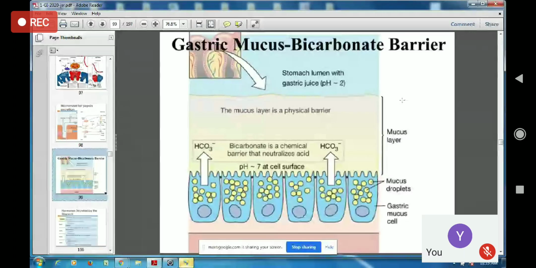There are mucus cells present which produce mucin, and they also produce bicarbonate. There is the mucus layer, then there is the bicarbonate layer, and please add here trefoil peptide. This is also a very important protein. Trefoil peptide also provides protection against the acid HCl that is being secreted.